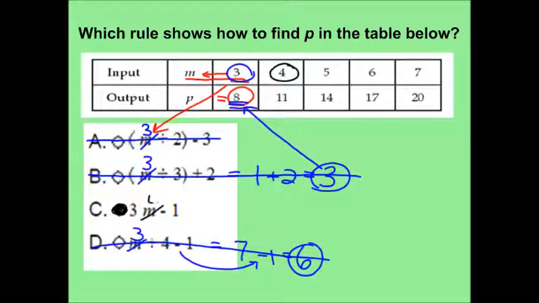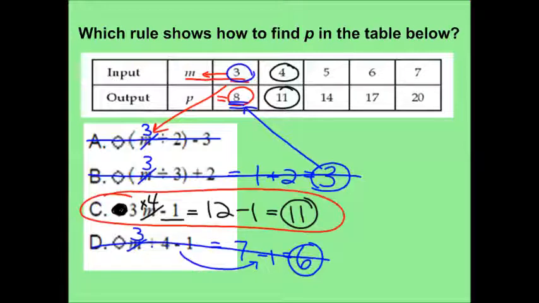I have 3 times 4, which is 12. I take 1 away, and I get 11. Now I see that it works with another place on the table. So I've decided that my answer is C, that 3m minus 1 is the expression that works in my table.